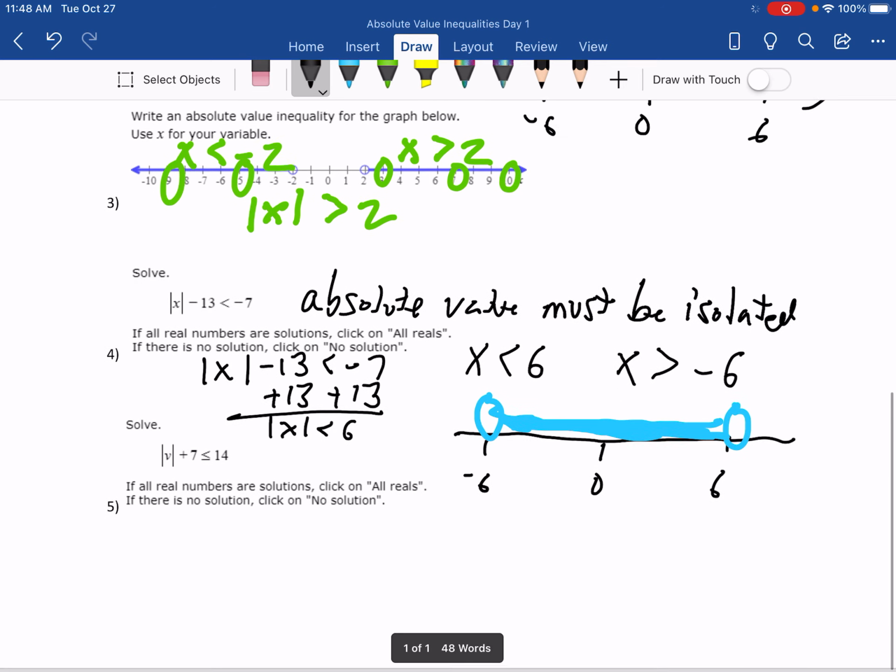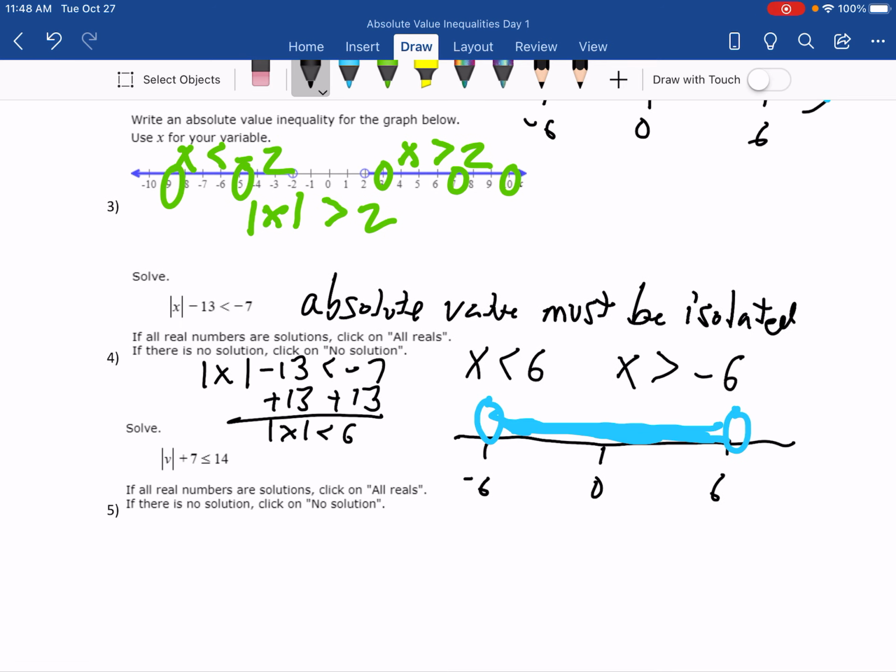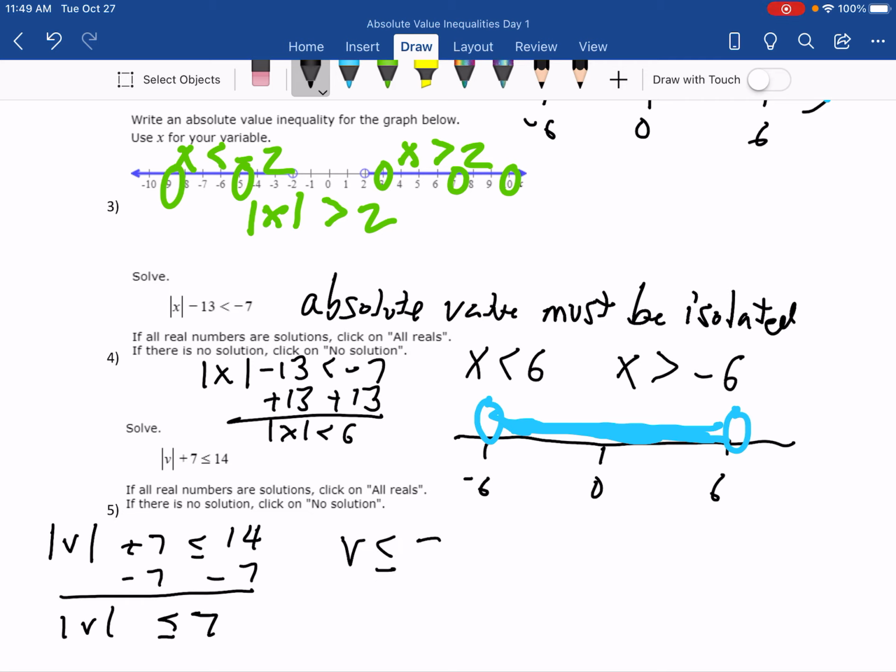All right, last one. We want to isolate the absolute value of v. So we get absolute value of v less than or equal to 7. We'll remove the bars. We have v less than or equal to 7, and we also have v greater than or equal to -7.